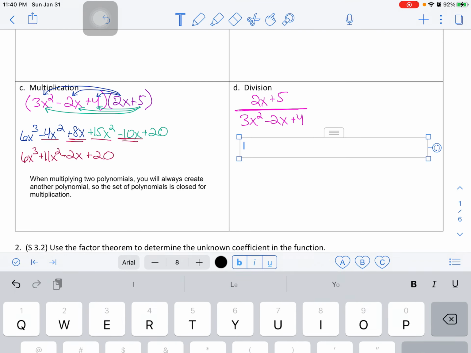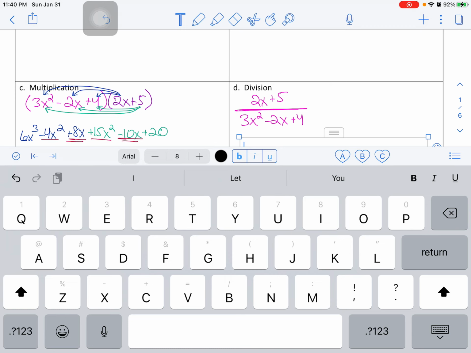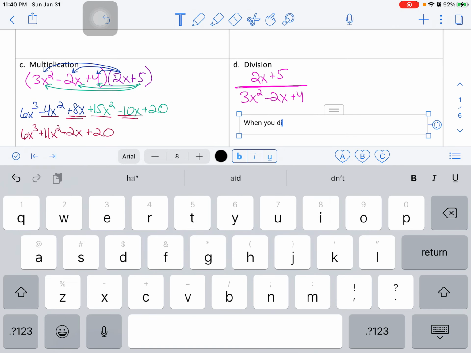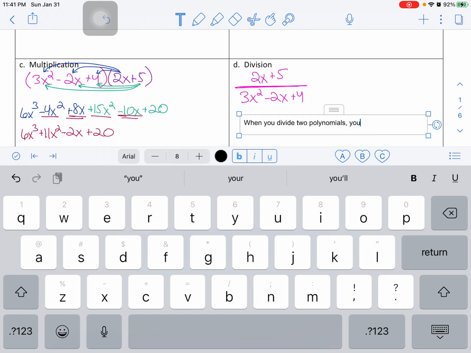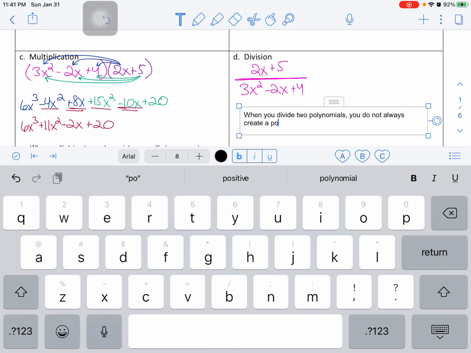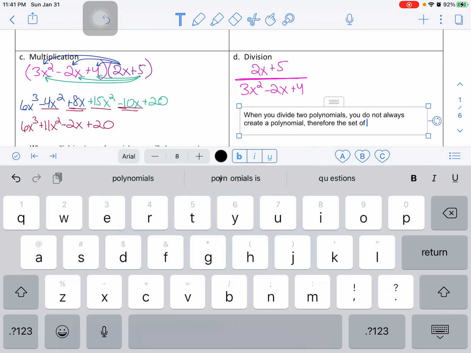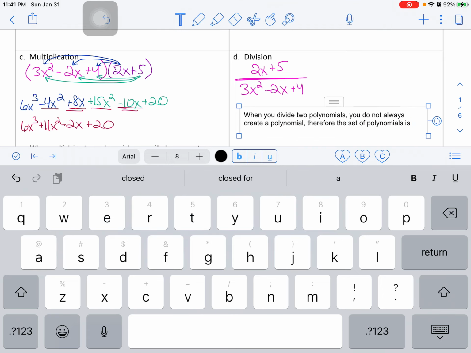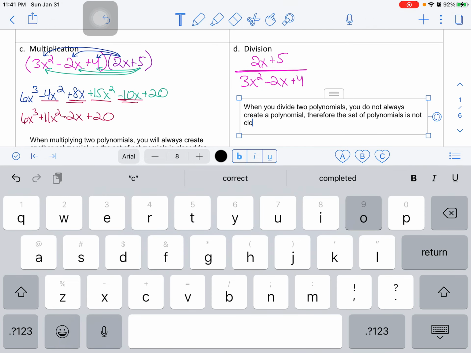So quick explanation here. When you divide two polynomials, you do not always create a polynomial. Therefore, the set of polynomials is not closed for division.